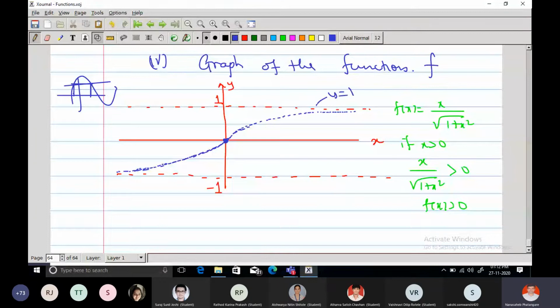So the graph will meet the horizontal line at infinity. It keeps on increasing, but it will not meet the line. It will meet at the end of the universe, meaning at infinity. Right. So this is the graph of the function. This is important information we got from the above discussion.